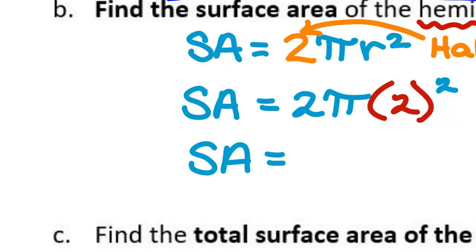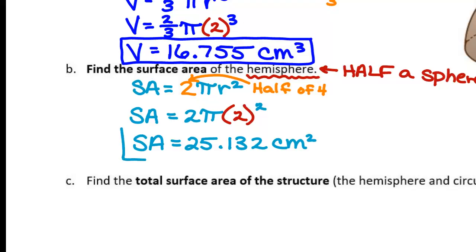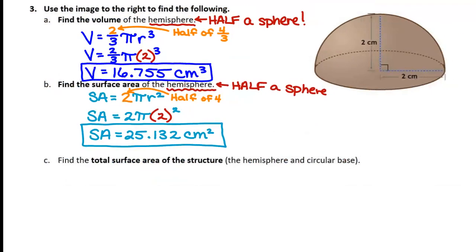That would be an exact answer in terms of pi, but that's not what we want. We want the decimal form. 25.132 centimeters squared. All right.